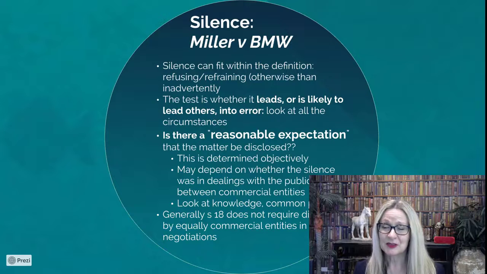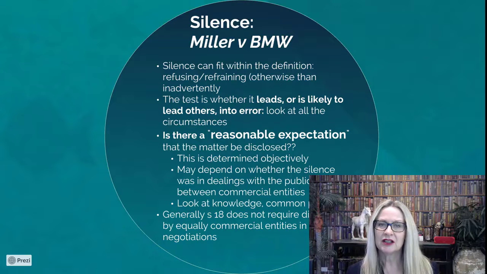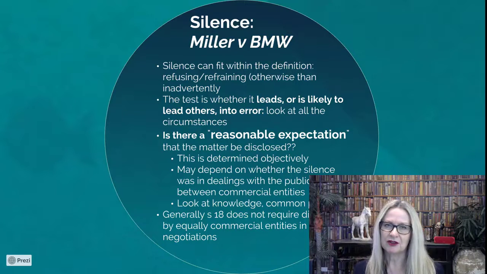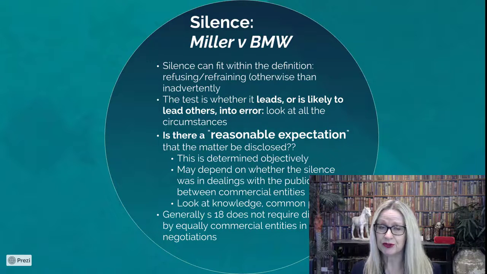And in that case, we had a timber company that engaged Miller, who was an insurance broker, to act on their behalf in their negotiations for a cost of production policy, the insurance policy that the timber company wanted to procure, and it sought finance from BMW Finance to fund the insurance premiums.